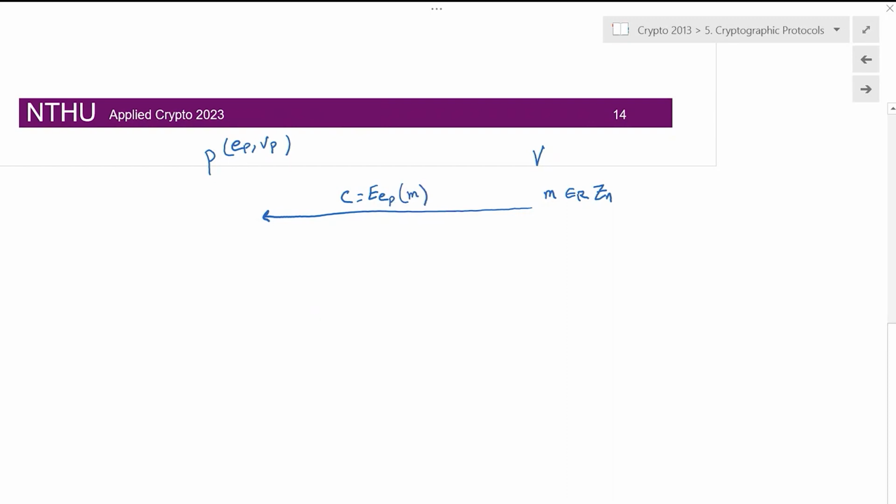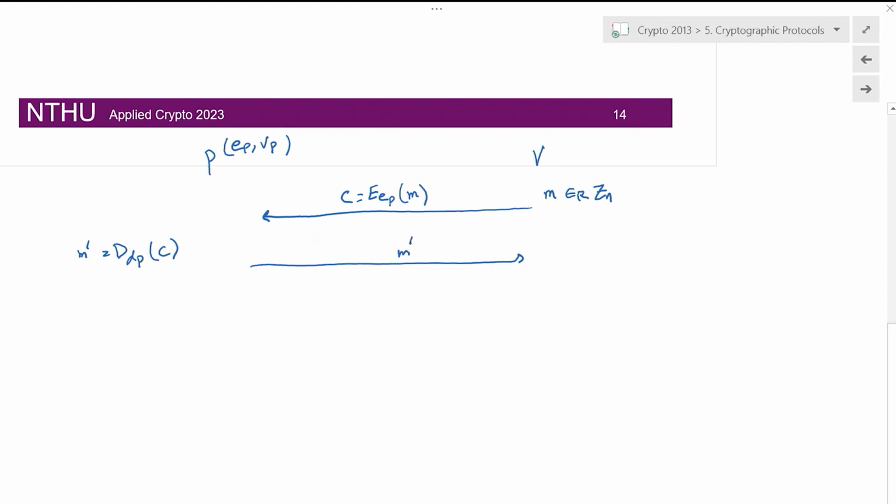I send this challenge message. Basically, the verifier randomly chooses a message and sends it to the prover, and then the prover decrypts it using his decryption key, and let's say he recovers M prime.